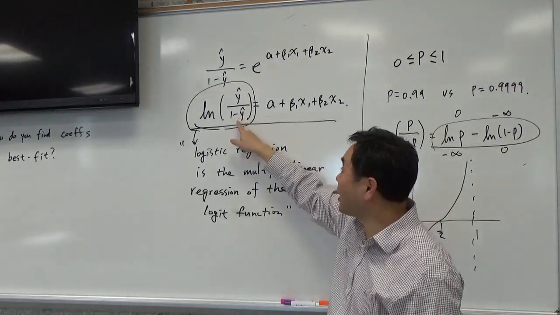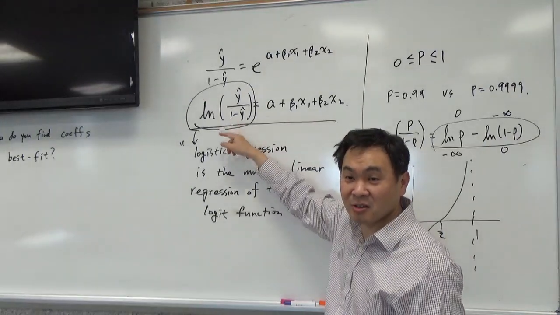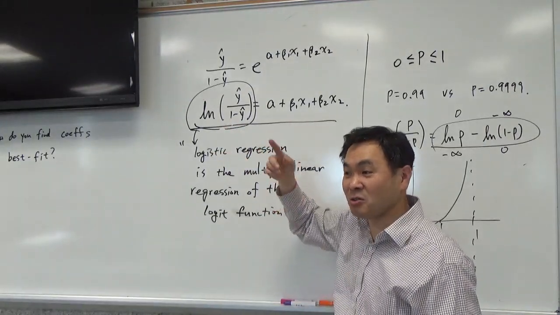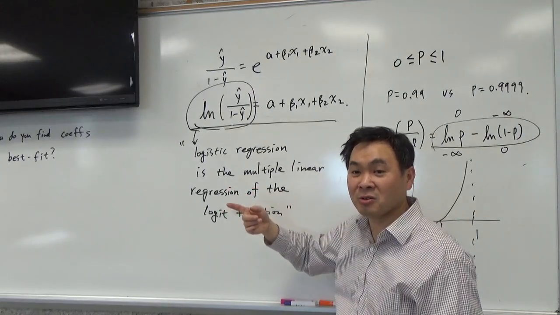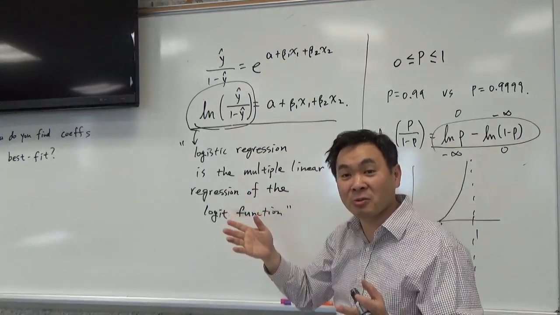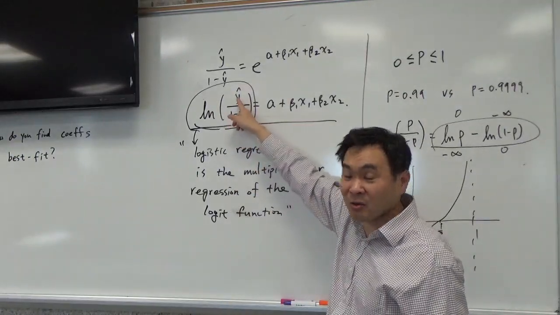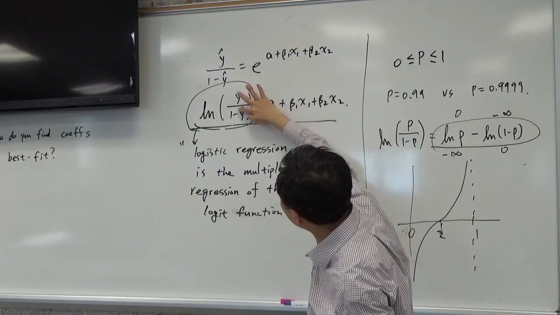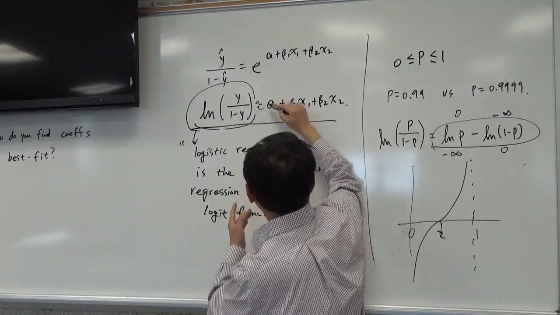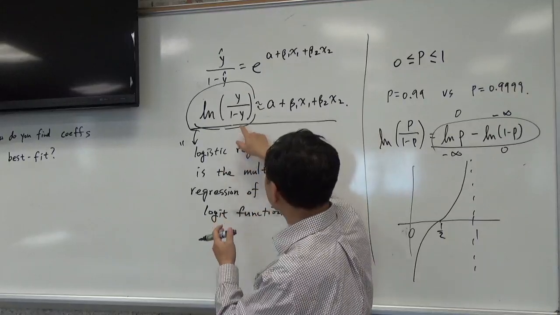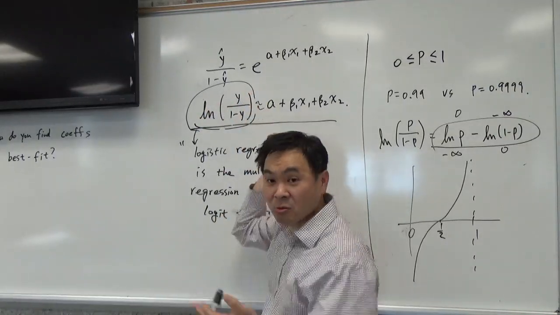if you use the actual data on the left side, what goes wrong? The actual data is using a dummy variable, right? If you have a heart attack, what's the value of the dummy variable? 0 or 1. It's 0 or 1, right? So if I try to plug in the actual data and then try to approximate it by this linear function, the actual data are not defined, because the data are 0 and 1.